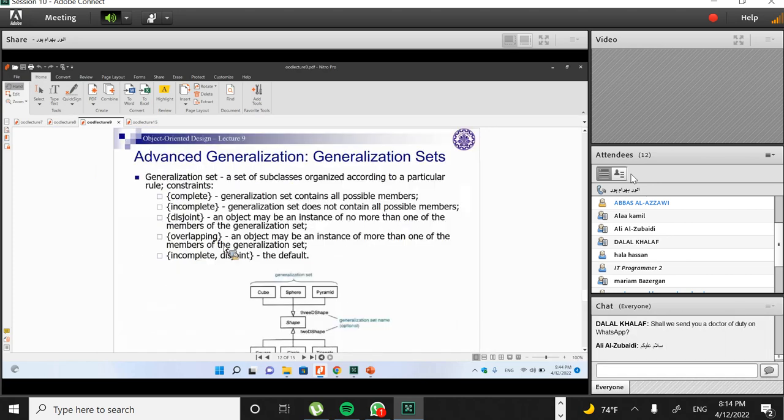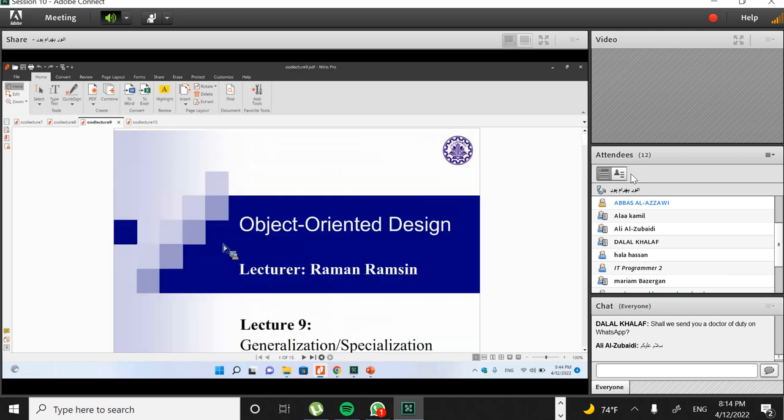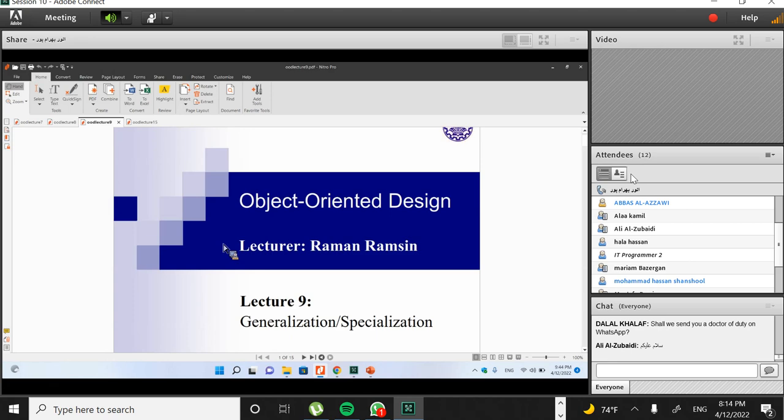This part of the course is very, very important for me, because in the third part of the course, we use this possibility many times, in many areas, in many design patterns. It's essential to have a good background about generalization and specialization.